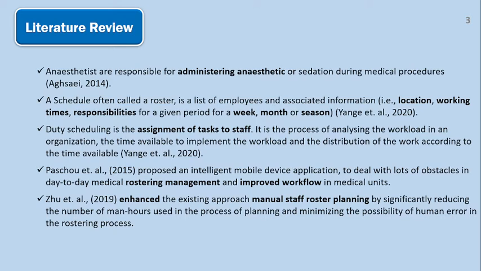Another work is the paper by Zoo, 2019, which enhanced the existing manual staff rostering planning approach by significantly reducing the number of man hours used in the planning process and minimizing the possibility of human error in the rostering process.